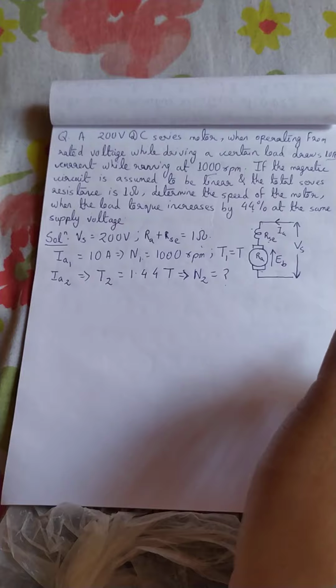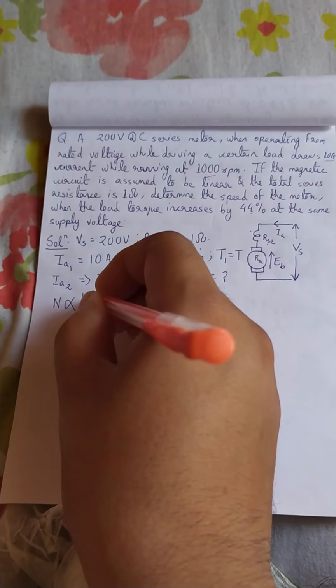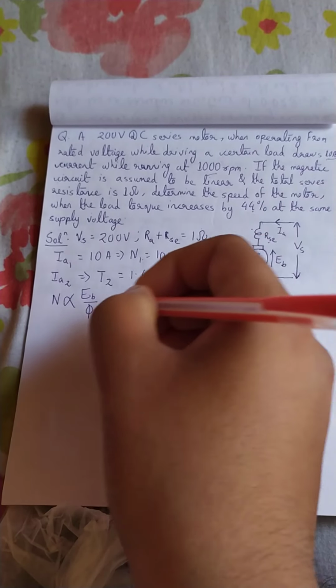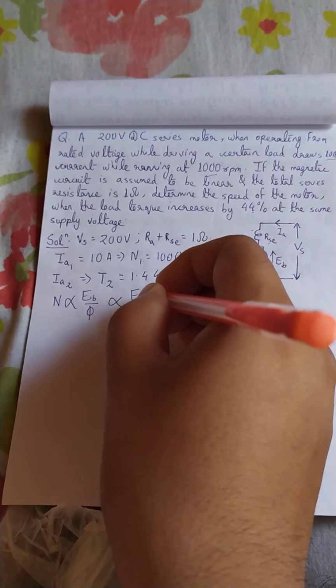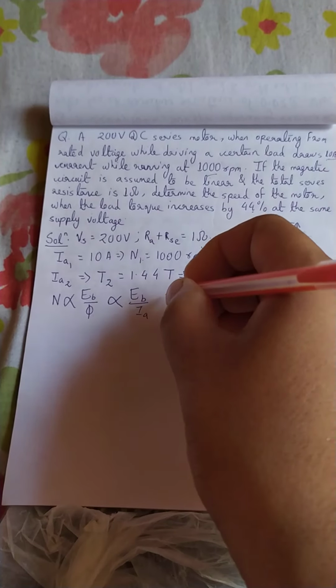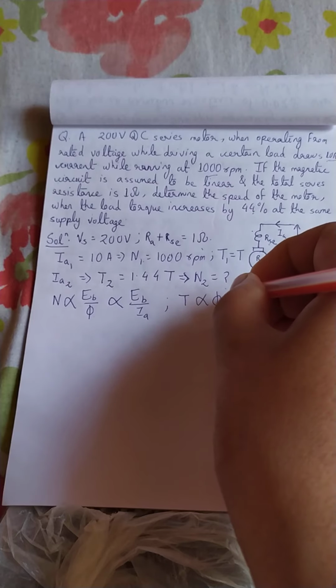So let's see how we are going to move. In case of a DC motor, N will be proportional to EB by phi, and phi will be proportional to IA. So we could write that N is proportional to EB by IA. And what is going to happen with the torque? Torque will be proportional to phi IA.